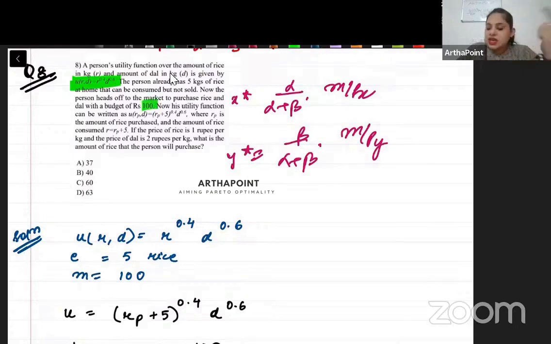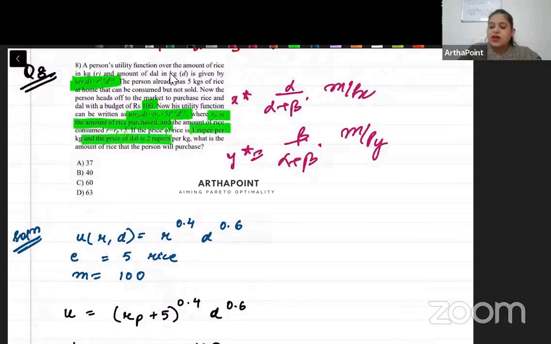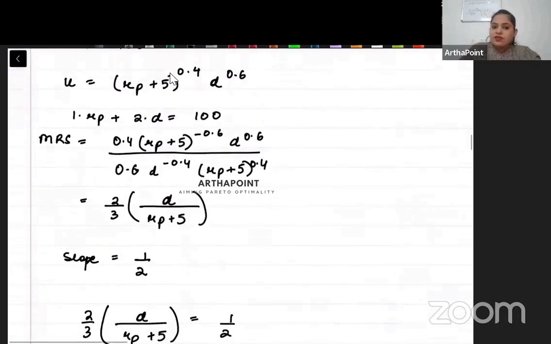And then it says that his new utility function is this. In this utility function, he has included extra 5 units, and Rp is the amount of rice that he is purchasing. He has given the price of rice, price of dal, and he's asking what is the amount of rice purchased. So I have to work with this utility function.